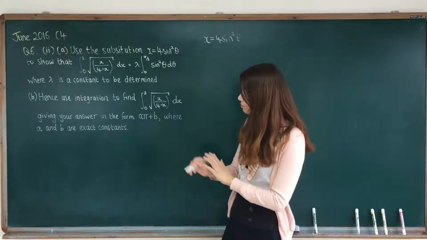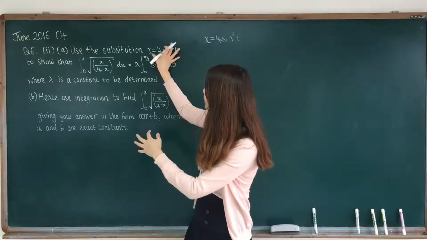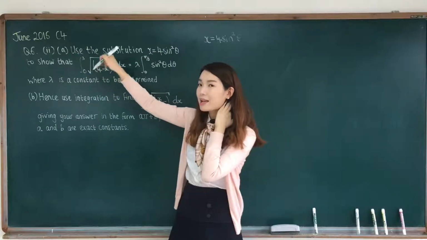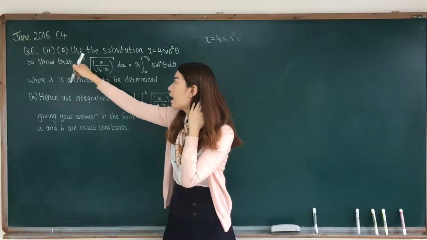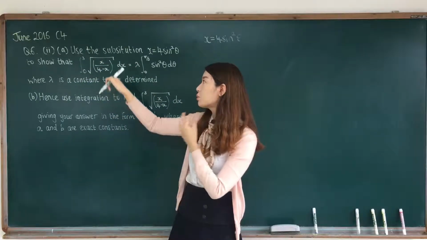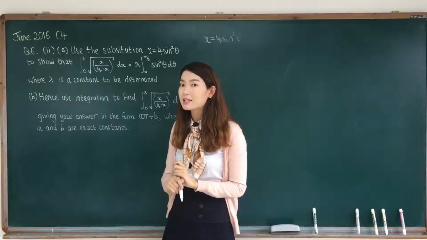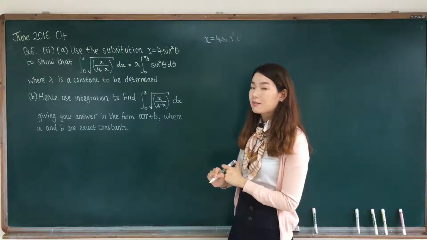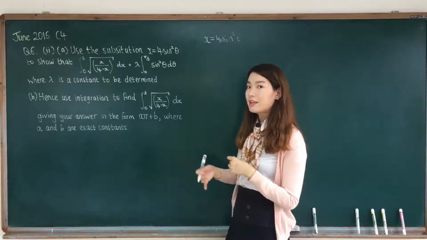And to substitute this in here, we know our x, but we have to change our limits, and we have to know what our dx is in terms of theta. So I'm going to find dx first in terms of d theta.